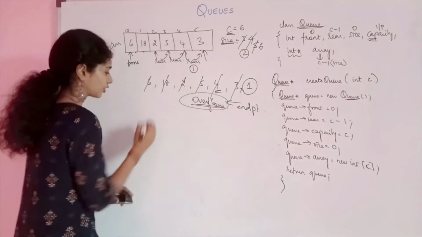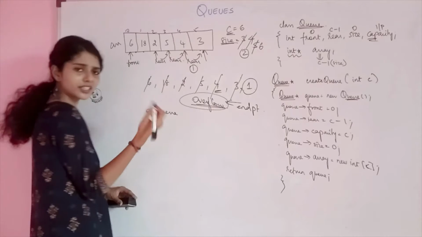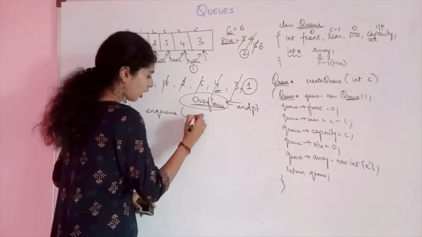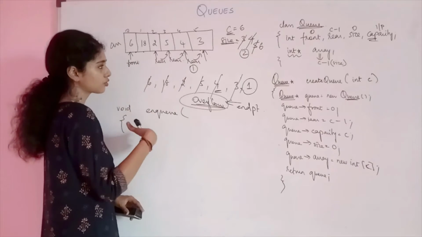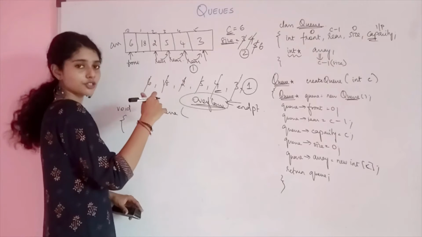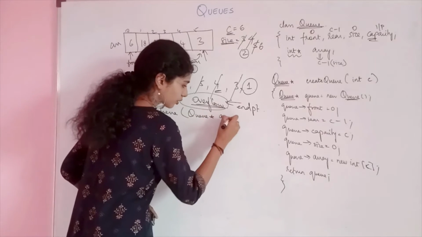Alright, so let's write a function for this. The NQ operation. Should it return something? No, not necessarily. It's not going to return anything. What should I get from the user so that I can insert? I'll have to get the queue so that I can make changes to the original queue, right? So Queue star queue.